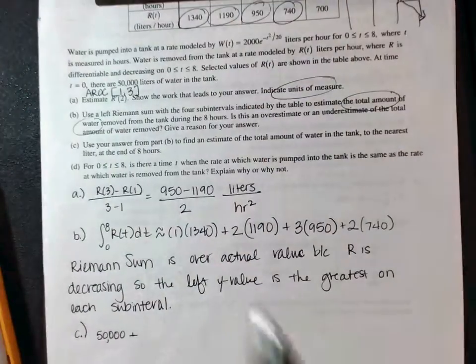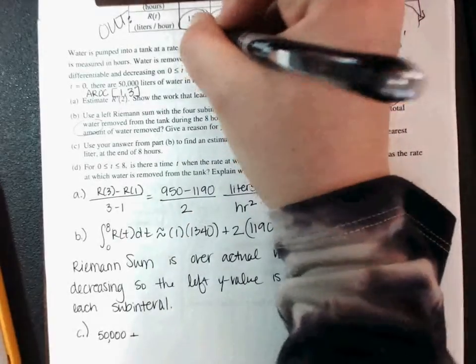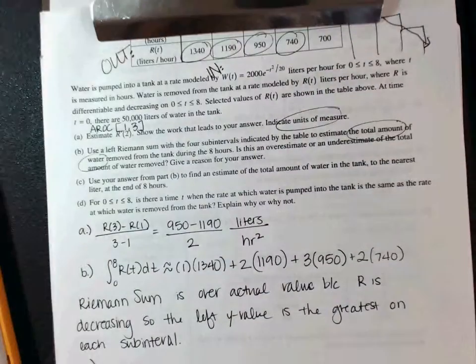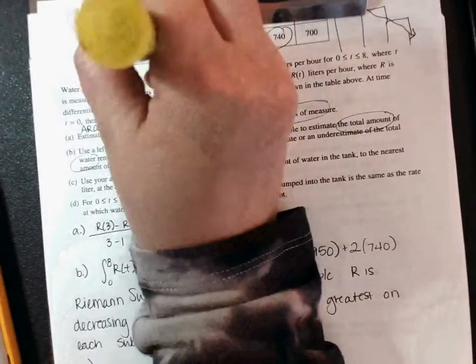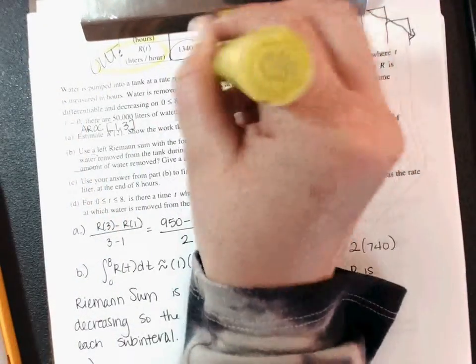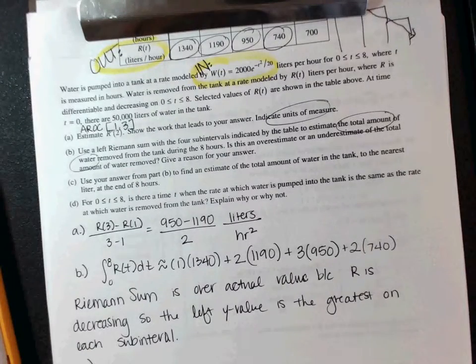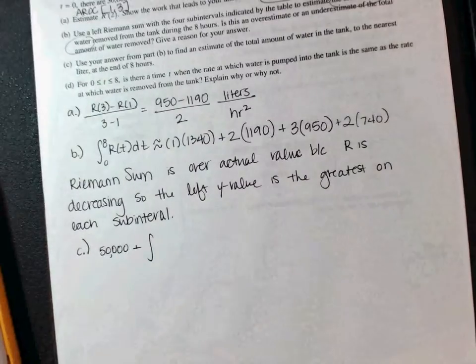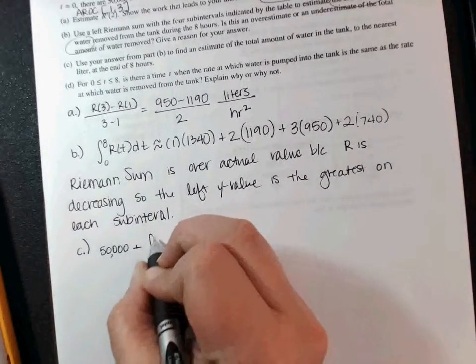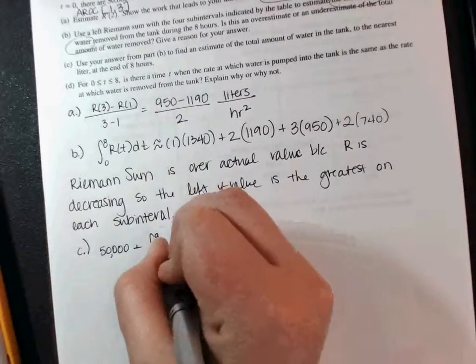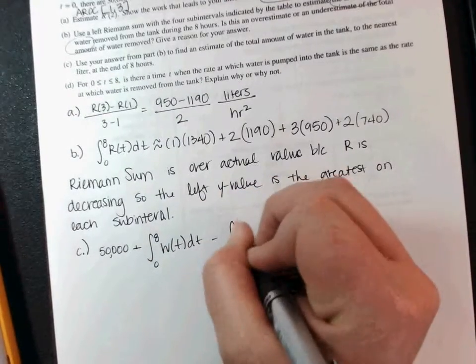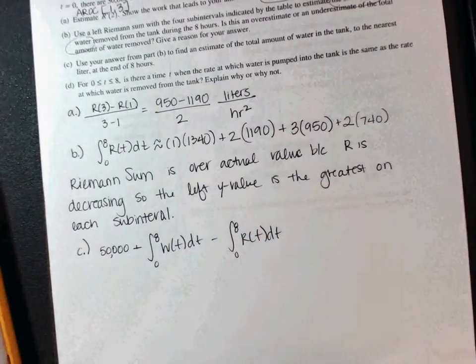Very good. Look right here. This is my out, but I also have an in. And notice, one of them is a chart, but then one of them they gave you an equation. So I have out for removal, but I have pumped in for my equation. So you would have had to set up the integral from 0 to 8 of W of T dt, and then minus 0 to 8 of R of T dt.